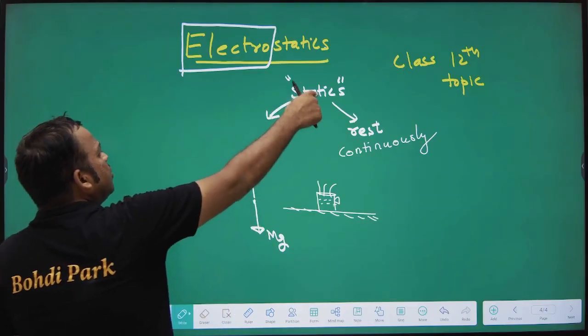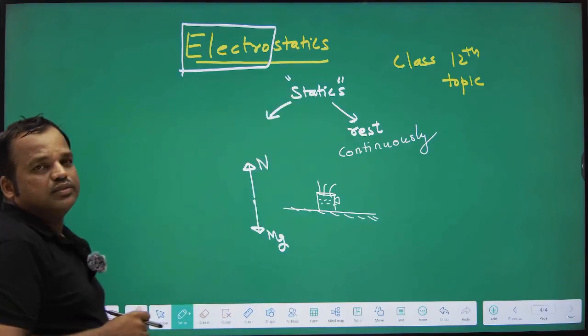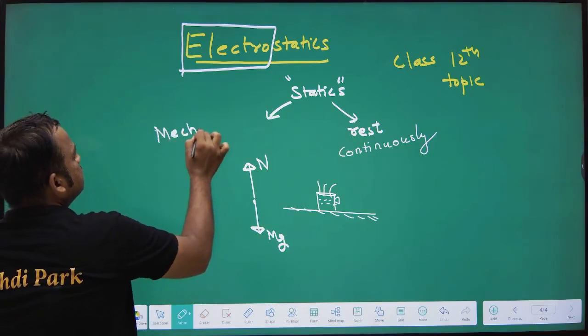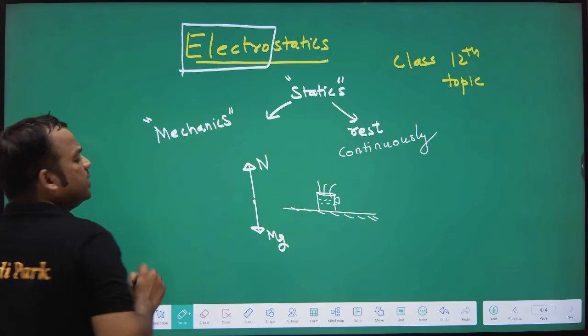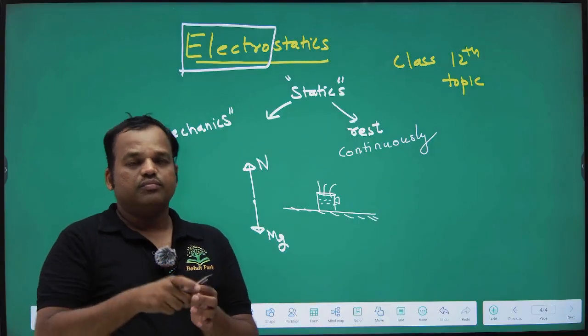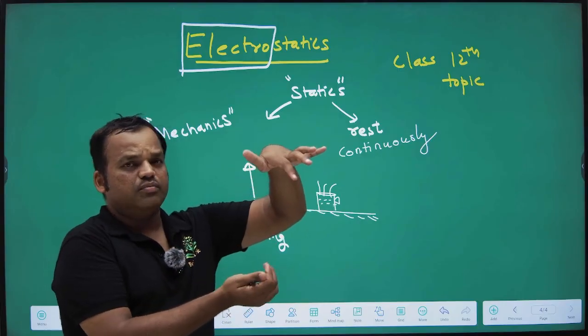So the study of objects which are at rest is known as statics. For example, in mechanics generally we deal with particles, like a ball is held by a person, then the ball is released by the person.